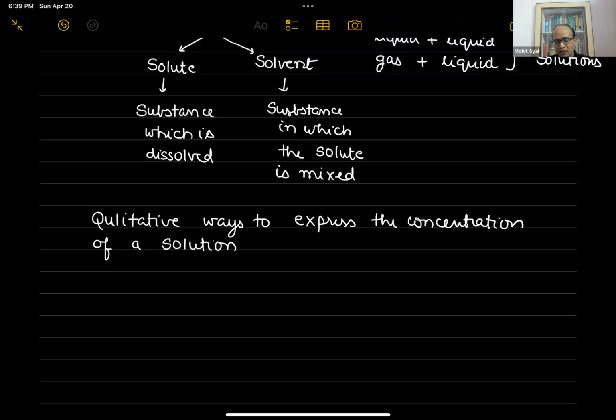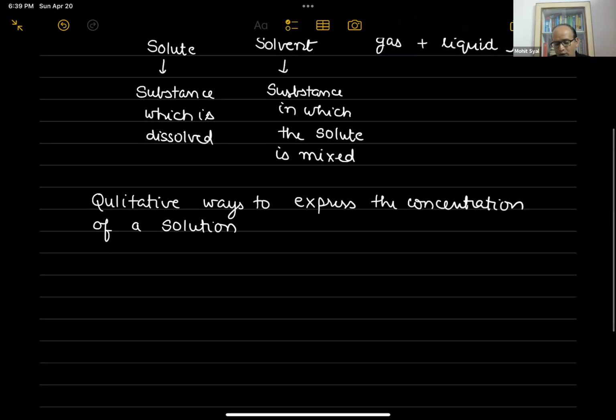So Aisha and Marwa, can you tell me what are the qualitative ways by which you can express the concentration? All of us know that a solution is dilute or it could be concentrated.